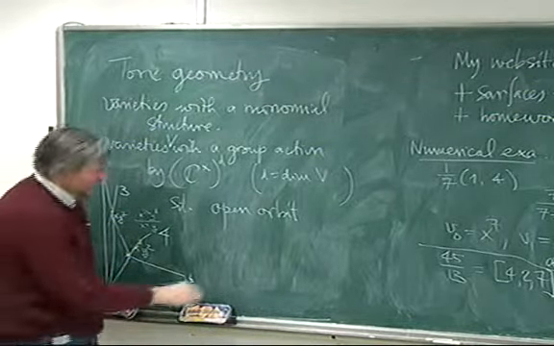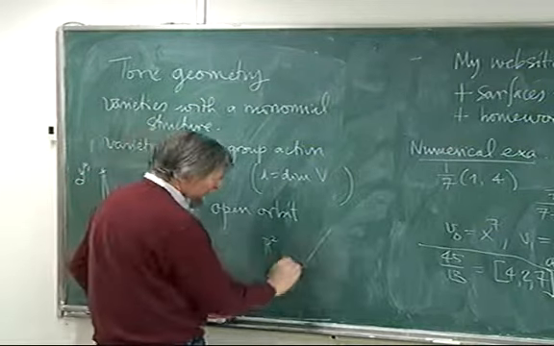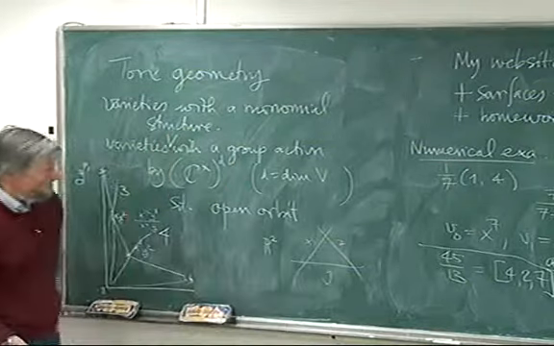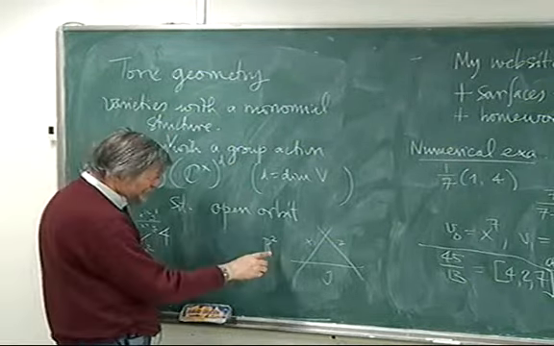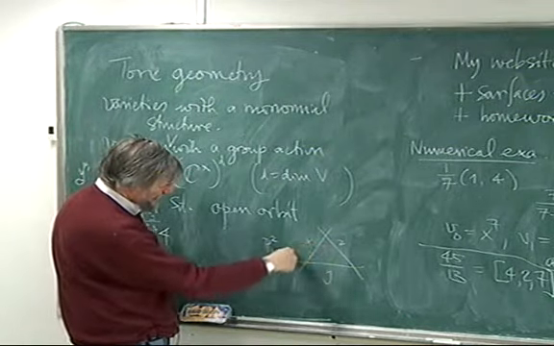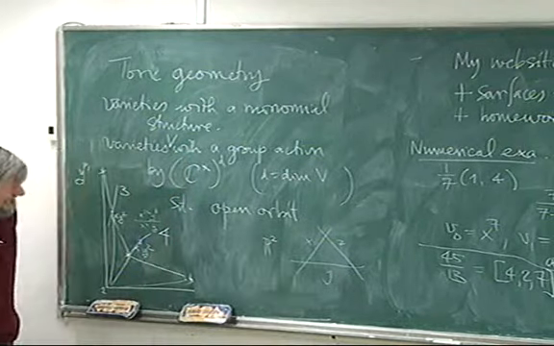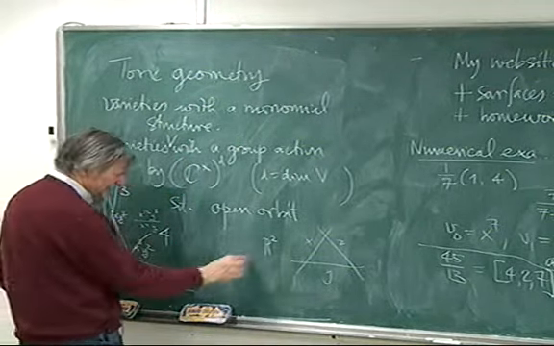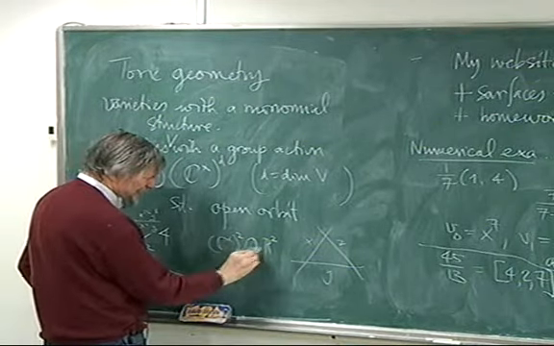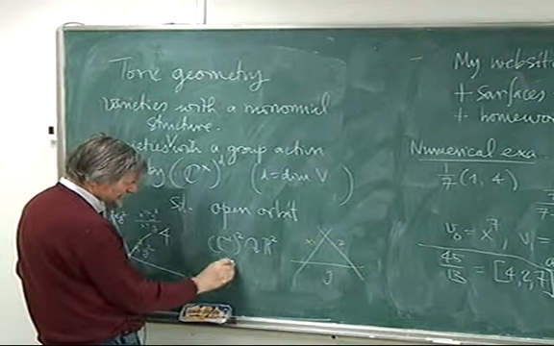For example, think of P2, with x, y, z coordinates. The homogeneous coordinate ring of P2, and also the affine coordinate ring of any of the affine pieces, is generated by monomials. And I can think of C star squared acting here, lambda 1, lambda 2.